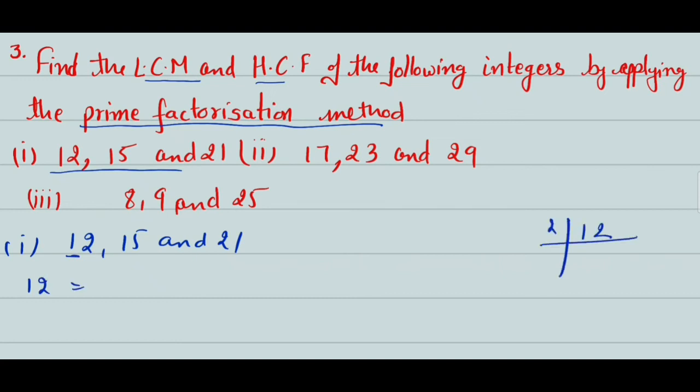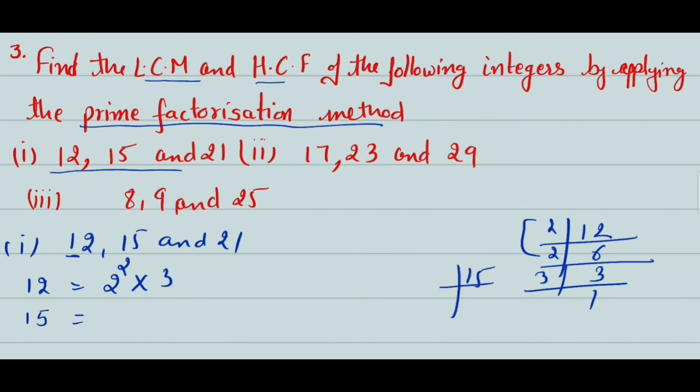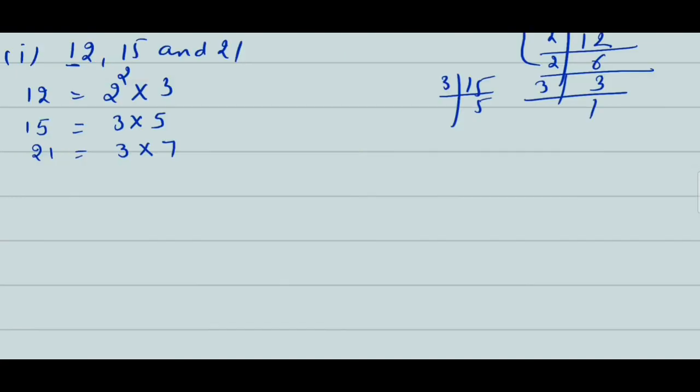This is 2 into 6, then 2 into 3. So I can write this as 2 raised to power 2 multiplied by 3. Similarly for 15, the prime factorization is 3 into 5. And 21, we know, is 3 into 7.